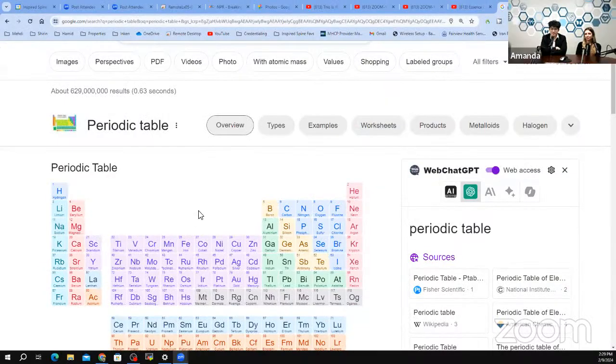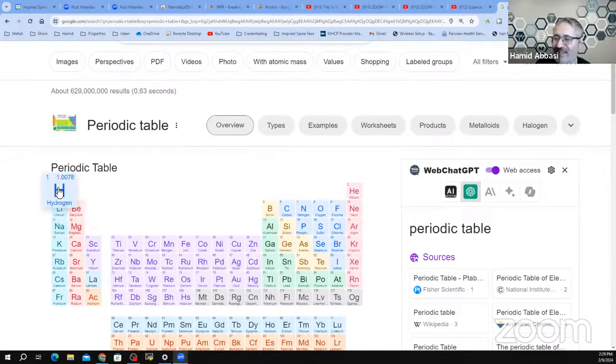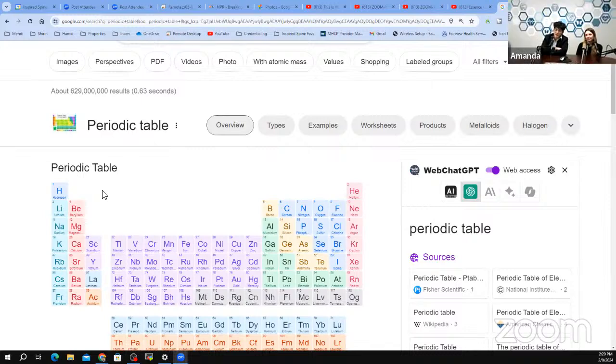Okay, so here it is, the periodic table. Are you able to see that? Yes. Okay, helium is 1. The reason helium is 1 is because we decided we are going to measure everything against helium. You mean hydrogen.